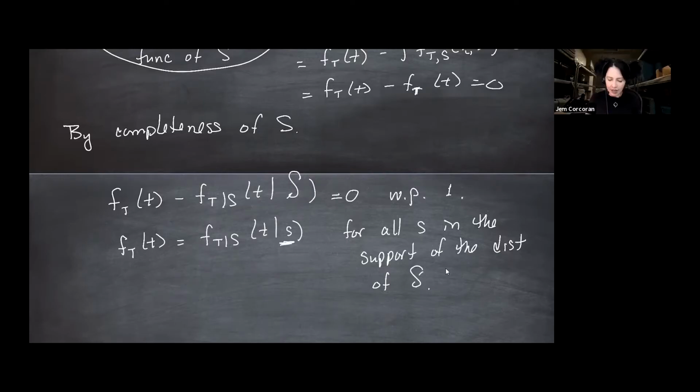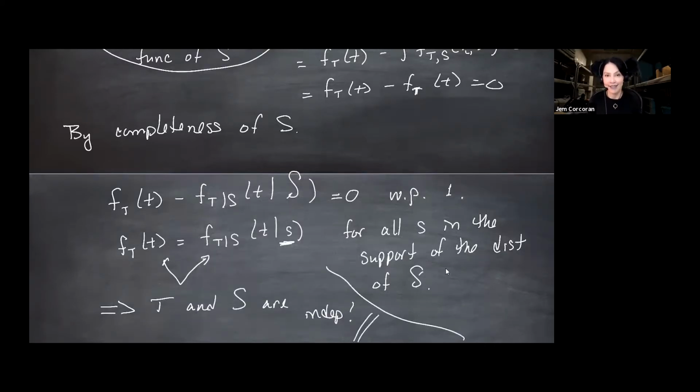Okay, but look, this is one way to say that these random variables are independent. This implies that t and s are independent. Basu's theorem.